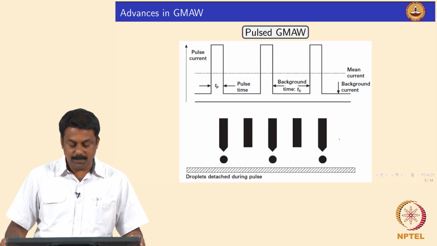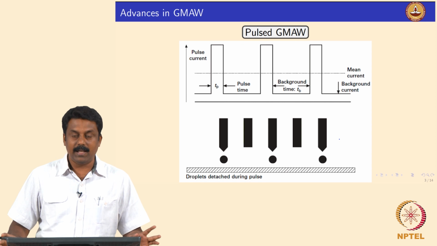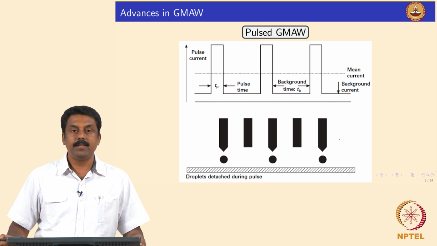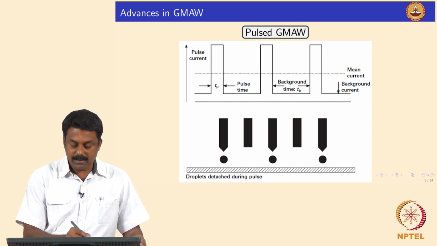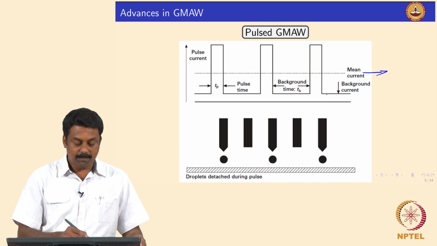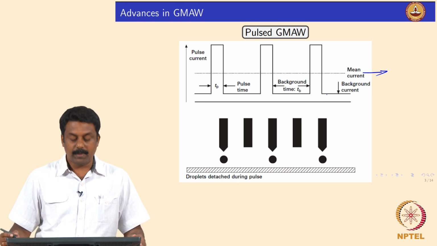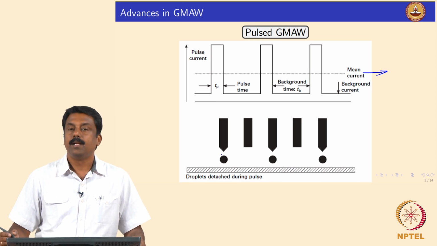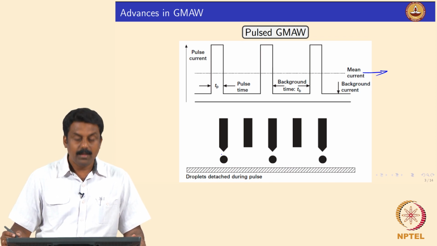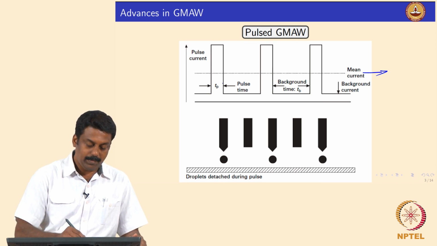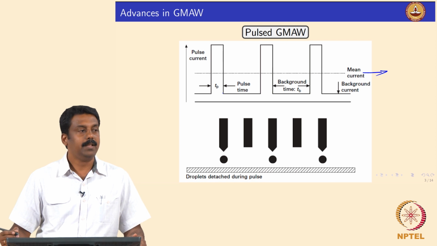The first, pulsed GMAW. As I explained in the first slide, what we are trying to do is, instead of using a constant current, we use a pulsing current, and during this pulsing period we make sure that one droplet detaches from the electrode by subjecting it to a much higher peak current, okay.